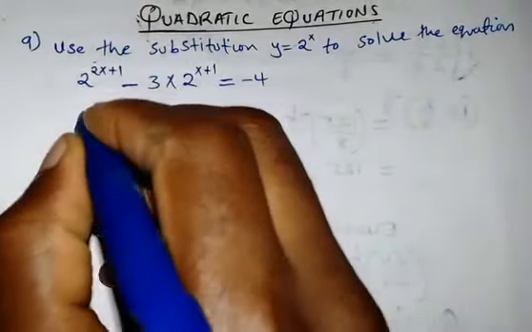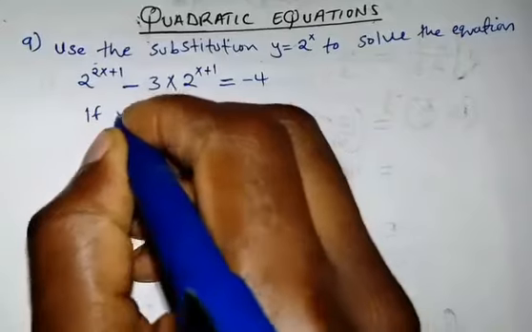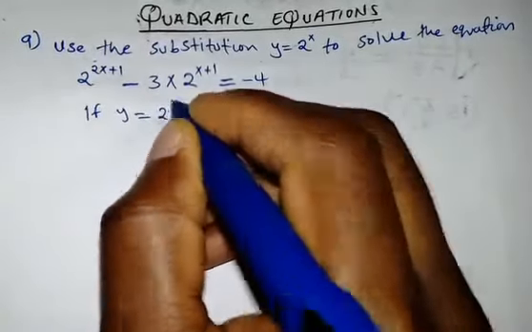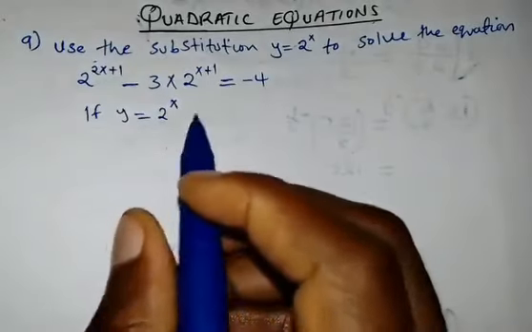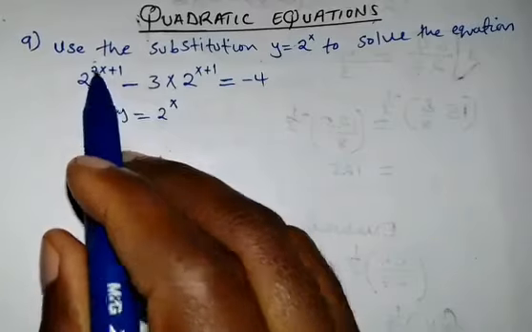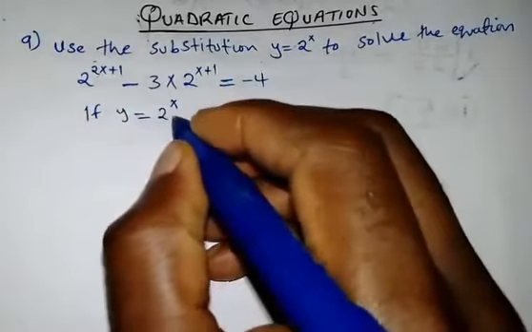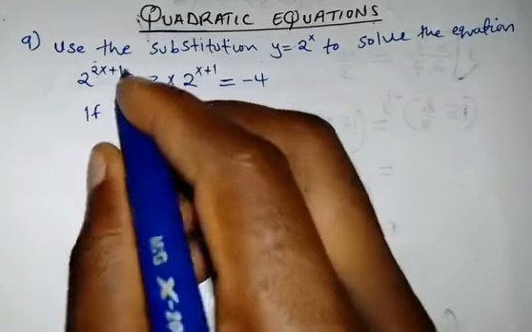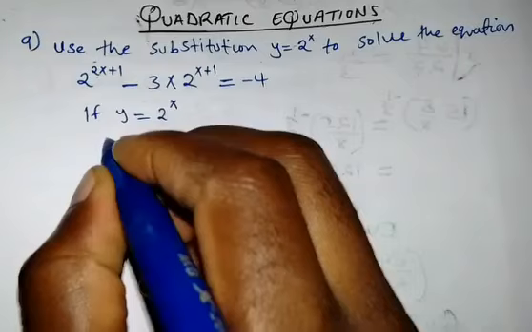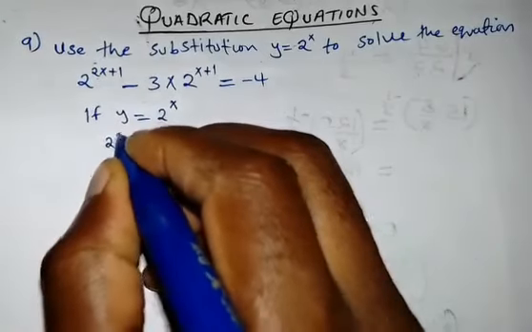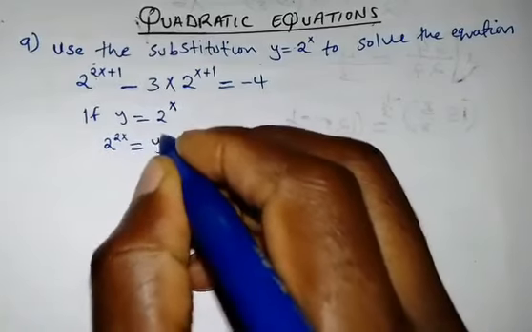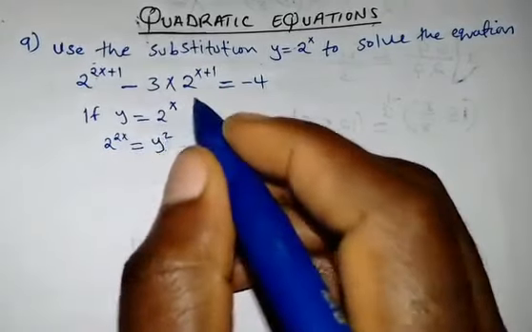So if y is equal to 2 power x, then we need to get 2 raised to 2x. If this is the case, this tells us that 2 raised to 2x is equal to y squared.